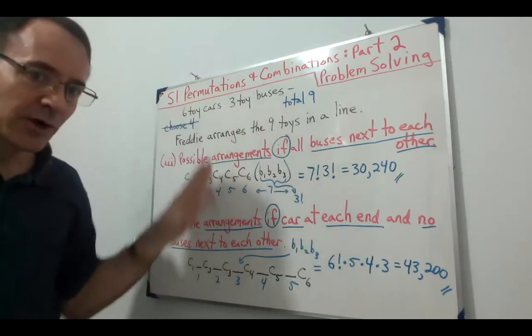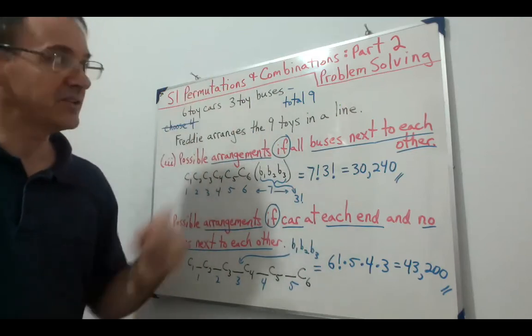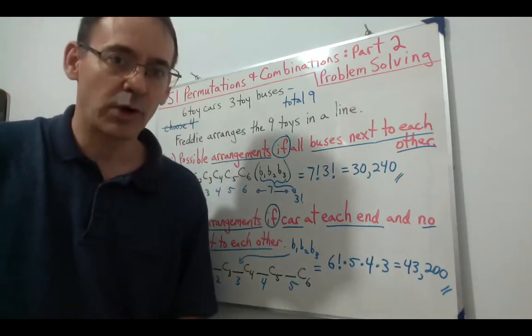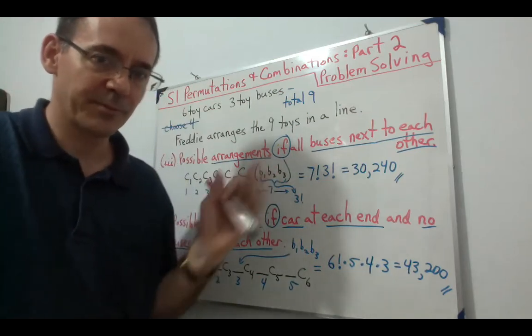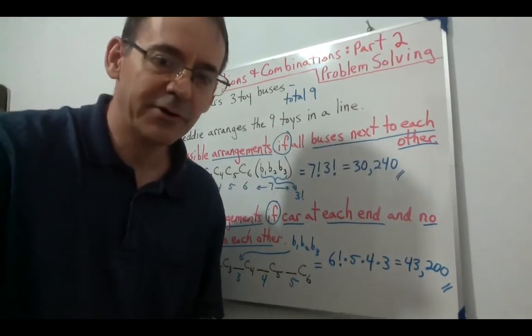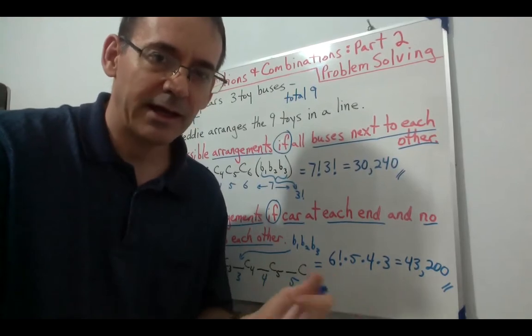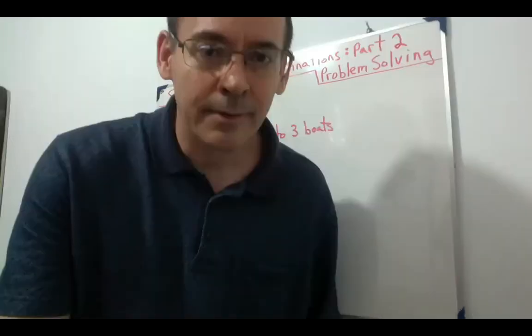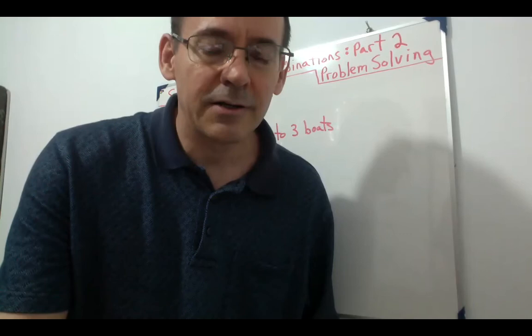So this one question hit a lot of the different things that we looked at back in the part 1 video for the permutations and combinations. So let's move on to a different question and see what we can do with that. Okay, here's our next question.